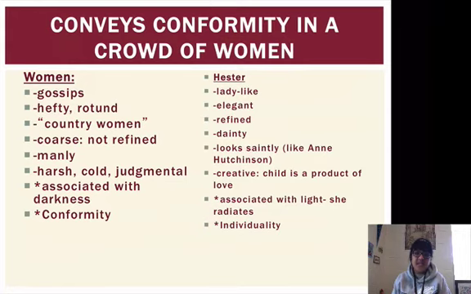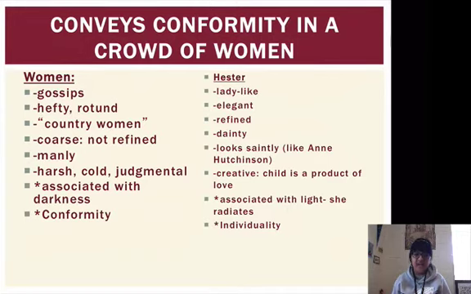So what's interesting here is the contrast between the women and Hester. The women gossip. They're described as hefty and rotund. They're country women. They're coarse and not refined. They're sort of manly. They're associated with darkness and conformity. Yet on the flip side, Hester, a sinner, is ladylike, elegant, refined, dainty. She looks saintly.